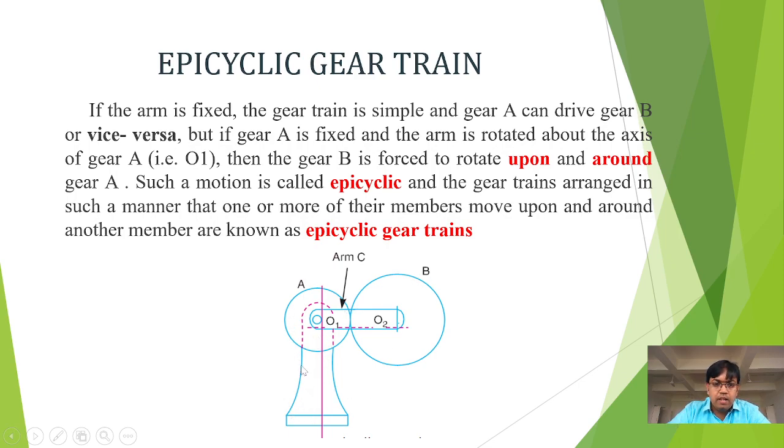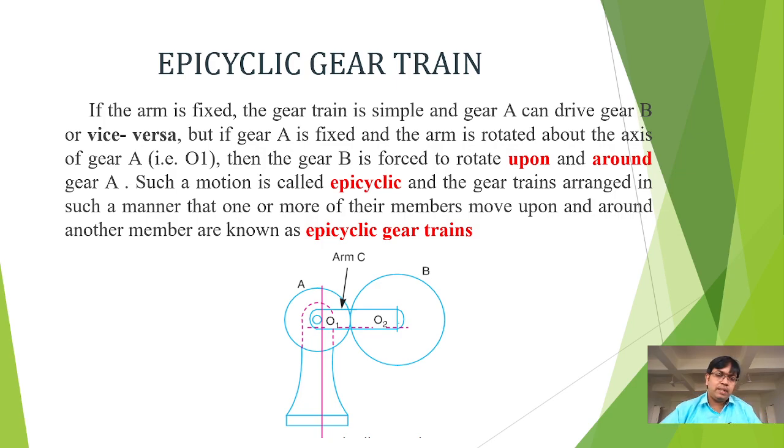There is a bar on which gear A is mounted, and gear B is externally meshed with gear A, and these gears A and B are connected with an arm C. Now, what is an epicyclic gear train actually? When one gear rotates upon and around the other gear, you call such a combination an epicyclic gear train.